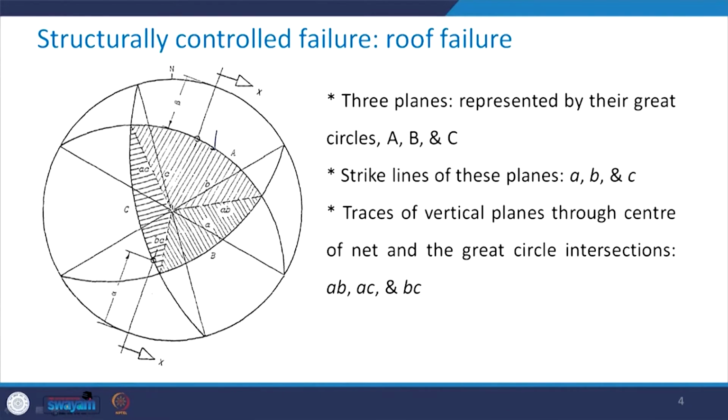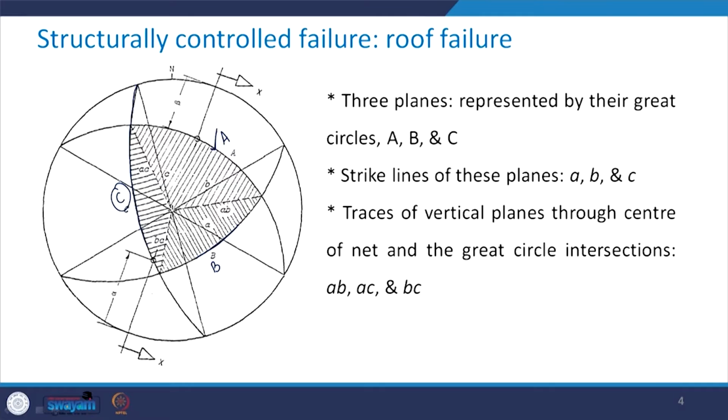Here, these three planes have been represented by the great circles A, B and C. This great circle is A, the second one is B, and the third great circle, which is this one, is C.